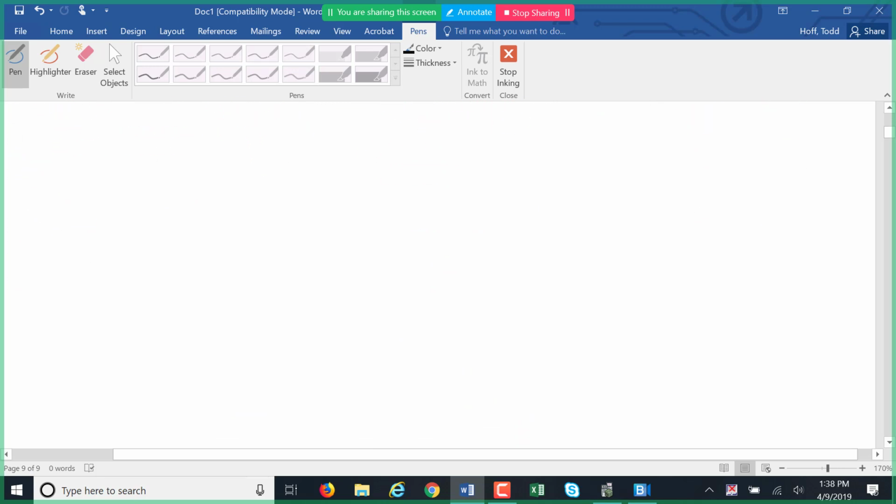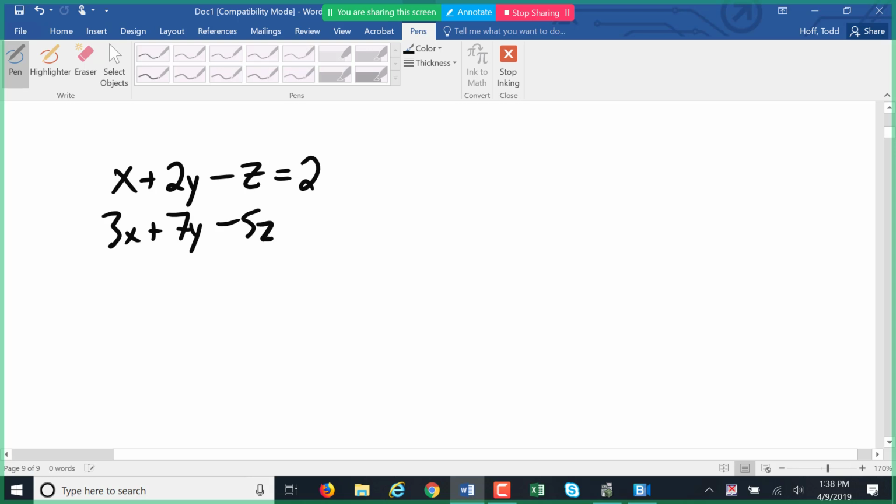Now that was obviously a very simplistic form, but we can have other systems of equations that are more complex like that. We have x plus 2y minus z equals 2, 3x plus 7y minus 5z equals 6, and x plus 2y equals 3.